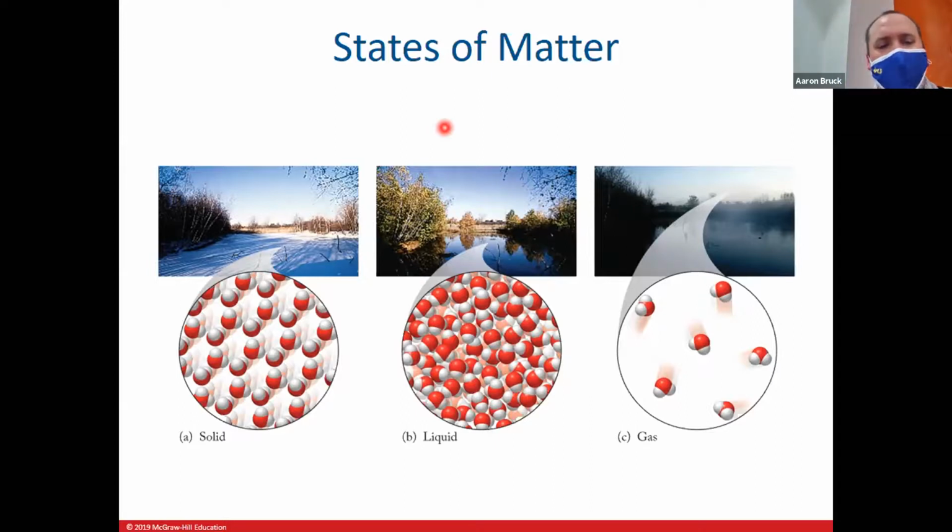But what we really need to hone in on and focus on is those orientations. How organized do the molecules look relative to each other? In here, we can see that generally speaking, all the molecules are facing the exact same way. There's a very ordered arrangement to how those molecules are. Now, does it look like they have more space in between? Yes, it does.